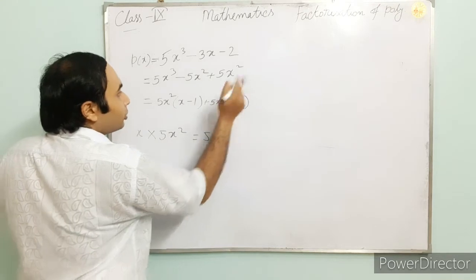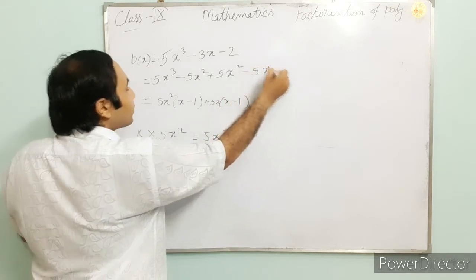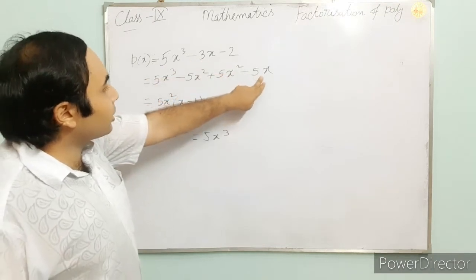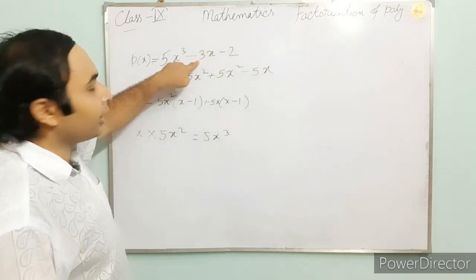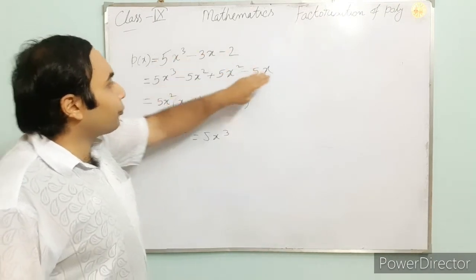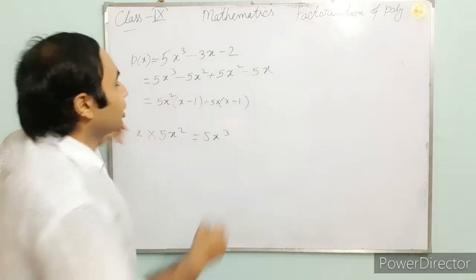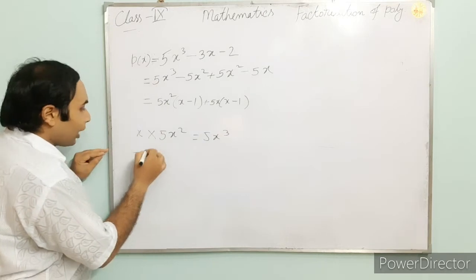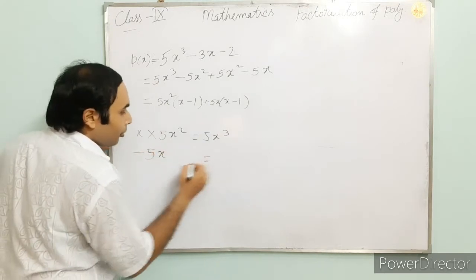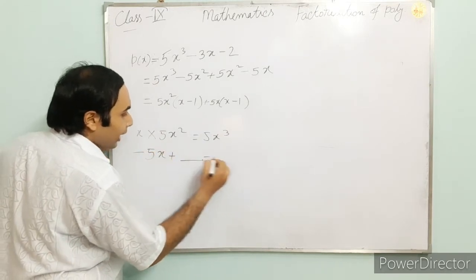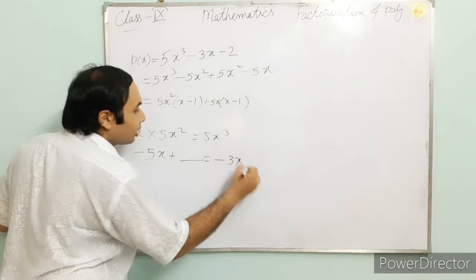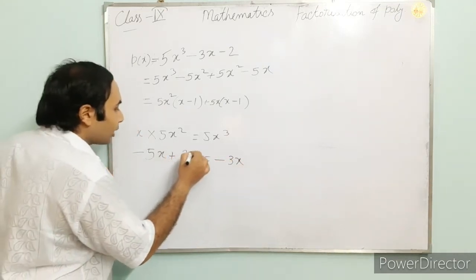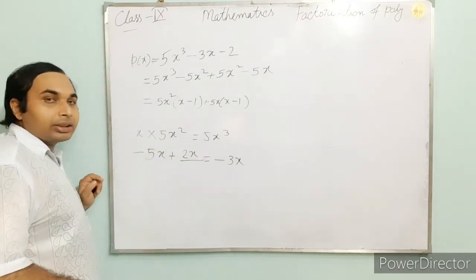Now 5x into minus 1 is minus 5x. Now see the next term. Here it is minus 5x, here it was minus 3x. We have to form here minus 3x. So minus 5x is there. We have to plus something, plus dash equals to minus 3x. What will come? Minus 5x plus 2x is coming minus 3x.